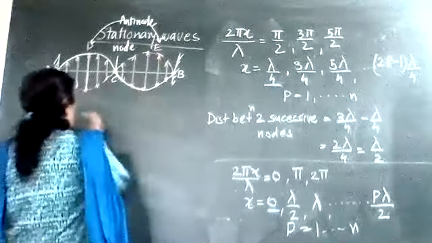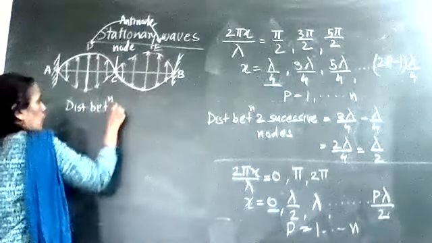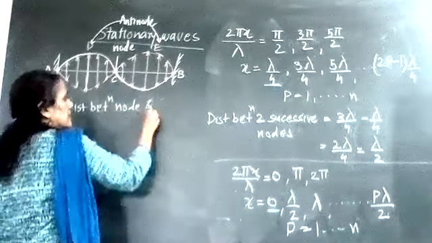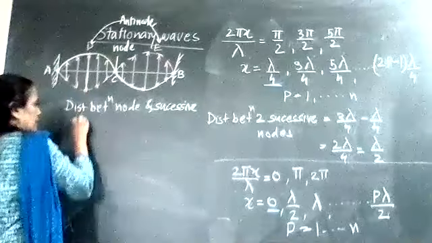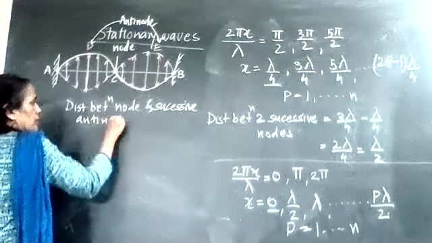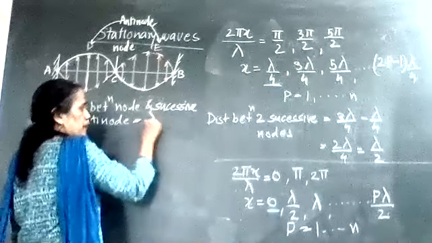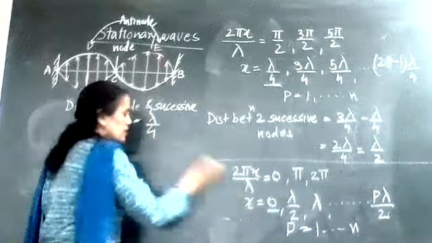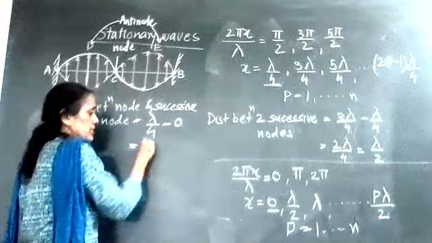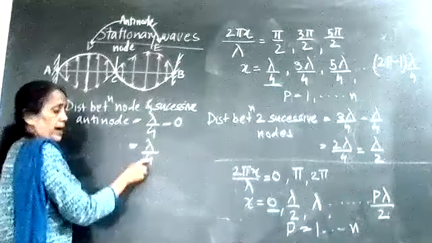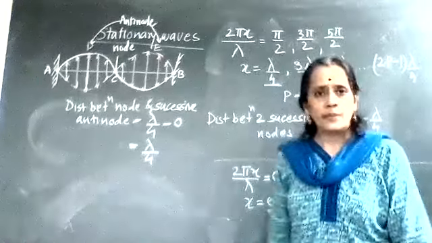Means what I can say that now, the distance between a node and successive antinode is, node I am getting at lambda by 4, first antinode I am getting at 0, so lambda by 4 minus 0. So the distance between node and successive antinode is nothing but lambda by 4.